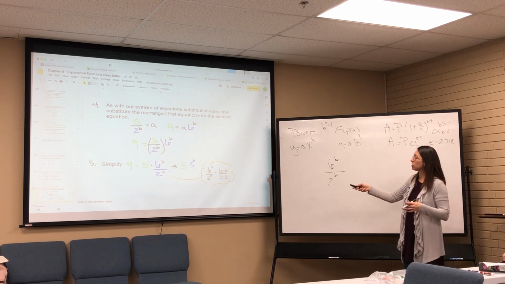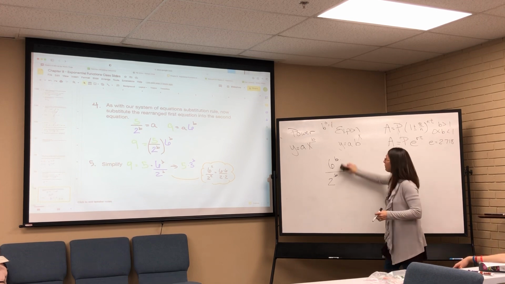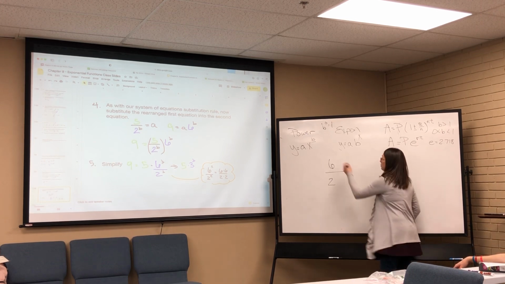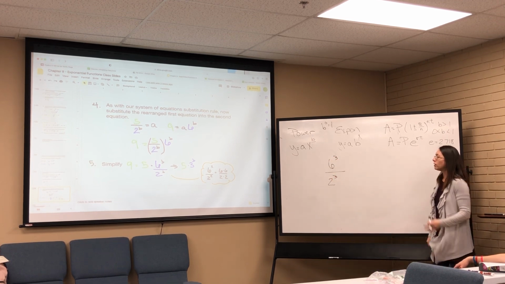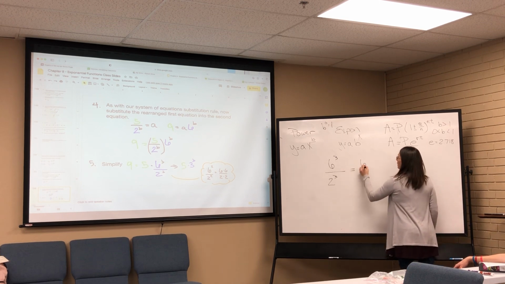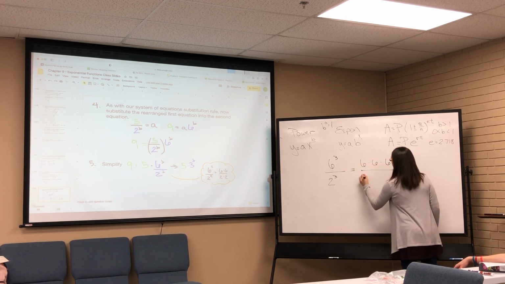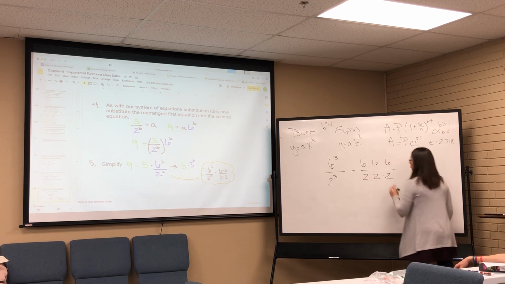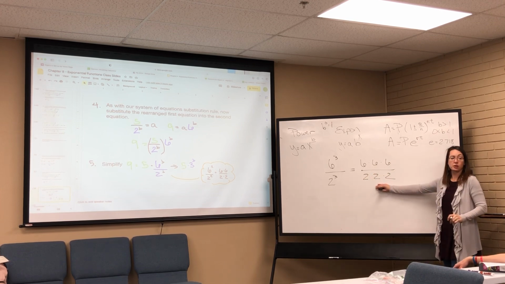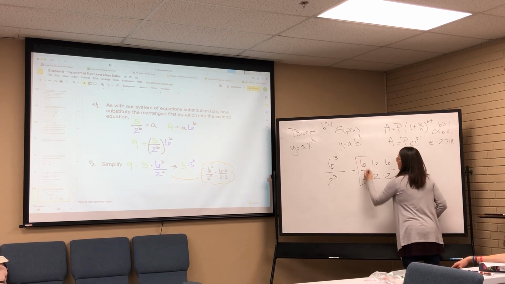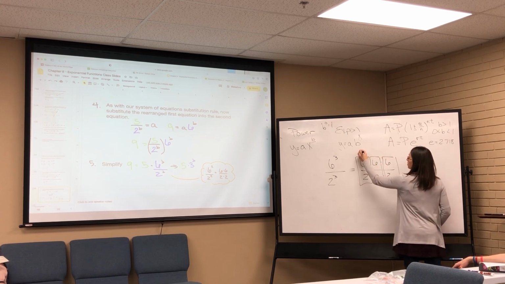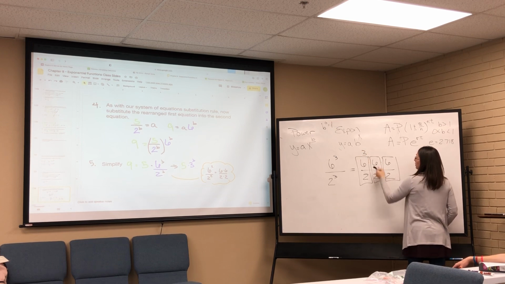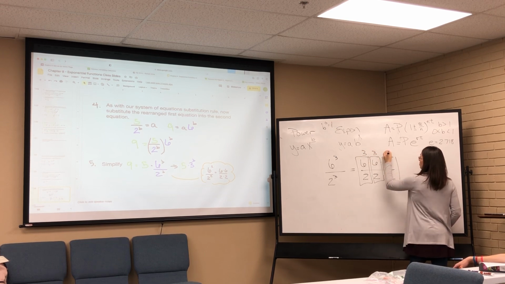Say I wrote down here 6 squared. Say I change my b, for this case I'm going to do cubed. Change it to 6 cubed. What does that really mean? That really means 6 times 6 times 6 over 2 times 2 times 2. Are we in agreement that this is what it's like if we spread it out? Okay. If I take each of these fractions, 6 divided by 2 is 3. 6 divided by 2 is 3. 6 divided by 2 is 3.